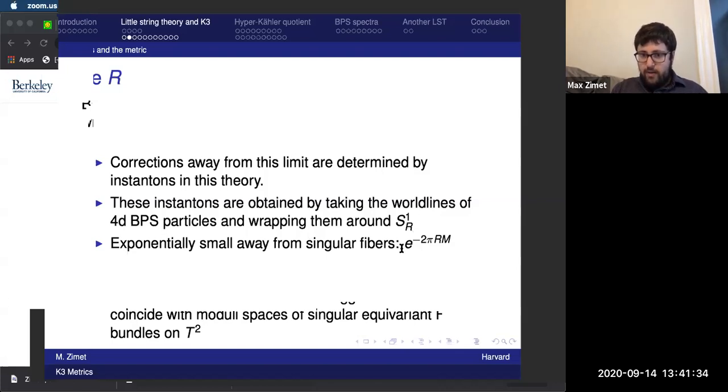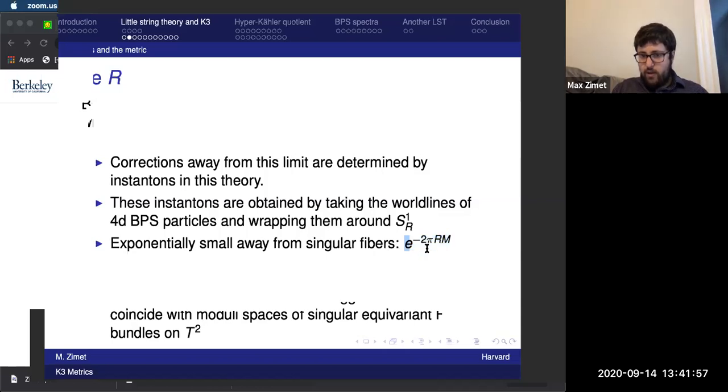The action of such an instanton is going to be the radius of that circle times the mass of that BPS particle, and so as long as the particles are massive, their corrections to the metric will be exponentially suppressed at large R.